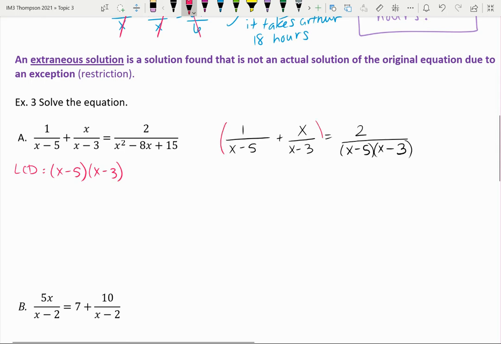So I'm going to multiply the entire left-hand side of the equation by the LCD, and the entire right-hand side of the equation by the LCD.